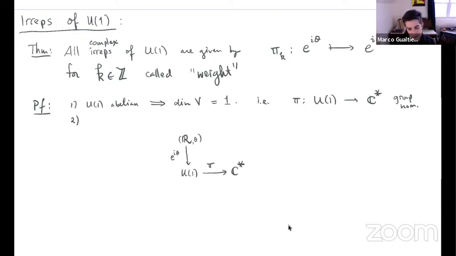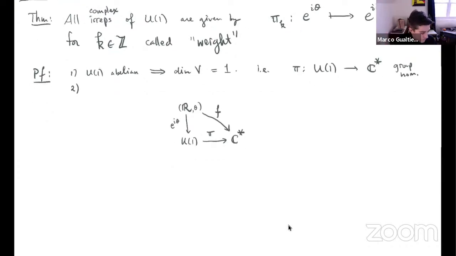And so if I'm trying to look for a group homomorphism from U1 to C star, well, if I have one, then I could compose it with this exponentiation, and I'll get a group representation of R. So if I compose these two, I'll call this F. So this defines F. And by the representation definition, we know that F of theta 1 plus theta 2 is going to be the product of F of theta 1 and F of theta 2.